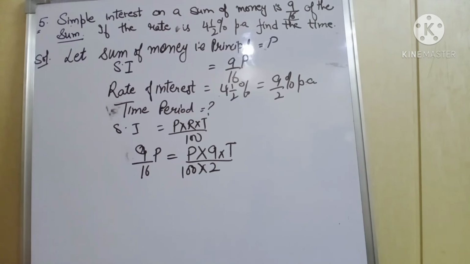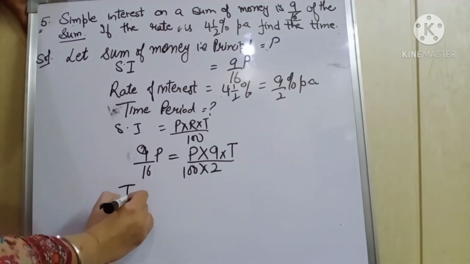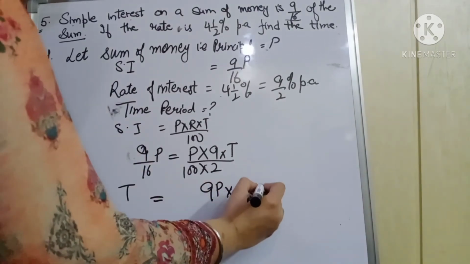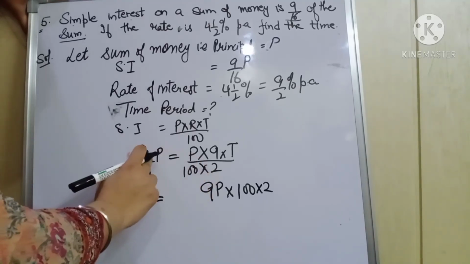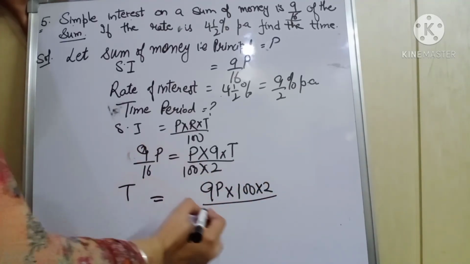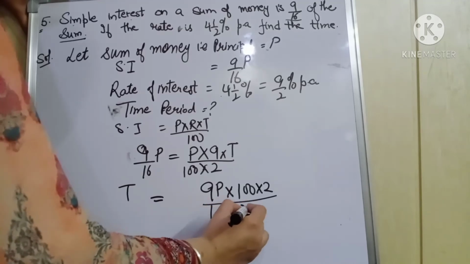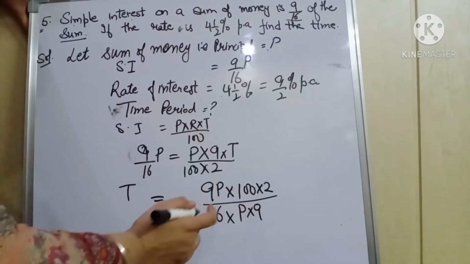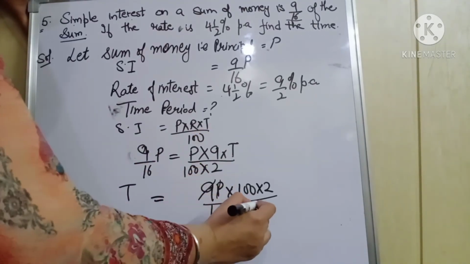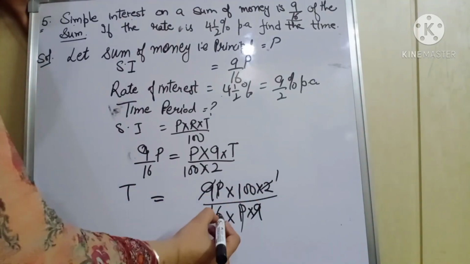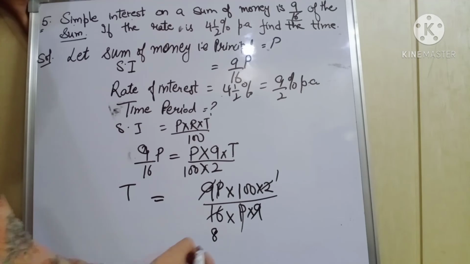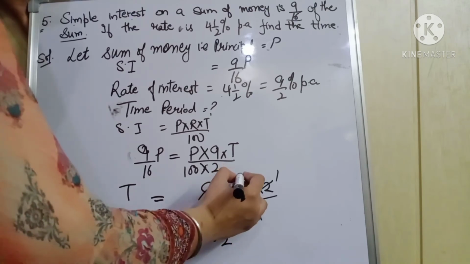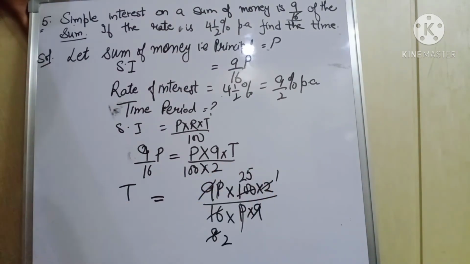Now the thing which you have to find, keep on the left hand side, time period, and other things you should move. 9P multiply 100 multiply 2, because this is in a denominator, on that side it goes in the numerator. Similarly 16 is in the denominator, but P into 9 are in the numerator, so they come in the denominator. P and P cancel, 9 and 9 cancel, 2 ones are 2, 2 eights are 16, 4 twos are 8, on the table of 4, 8 2 5, 25.